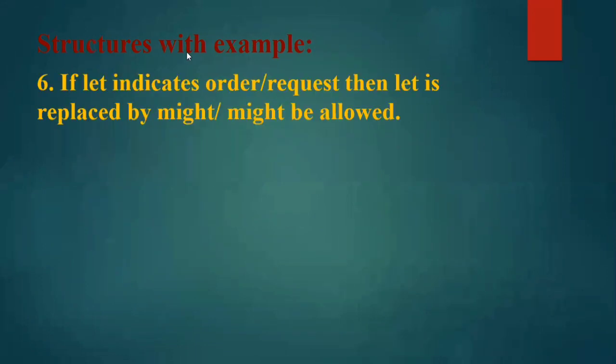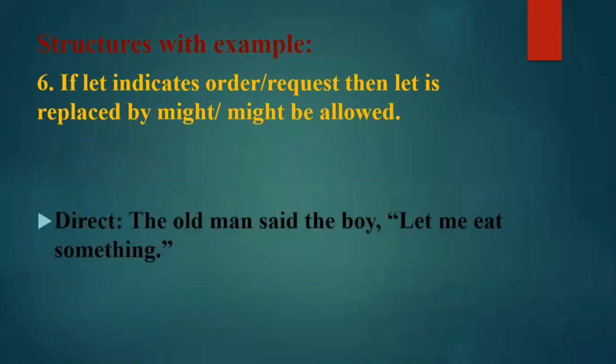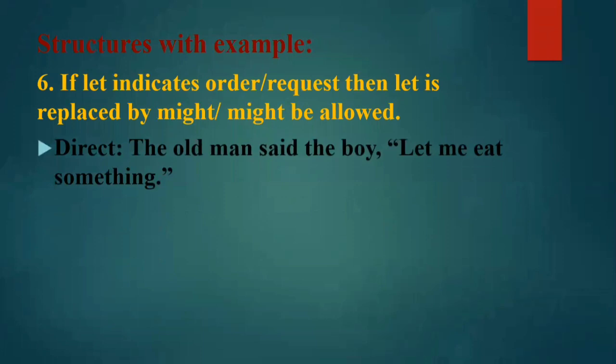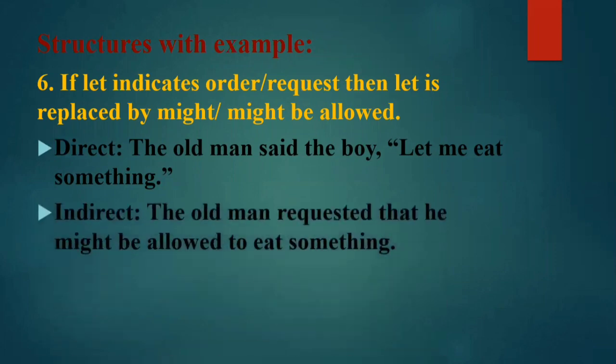Now, okay, dear learners, now if let indicates order or request, then let is replaced by might or might be allowed. Okay, so here look at the example. The old man said to the boy, let me eat something. So what will be the indirect form? This is the indirect form: the old man requested that he might be allowed to eat something.